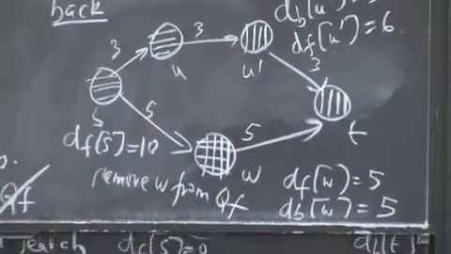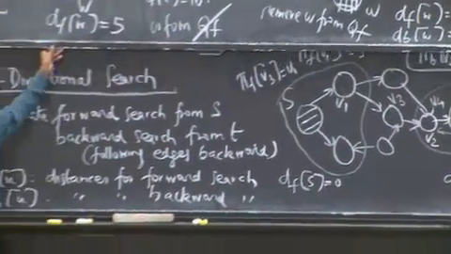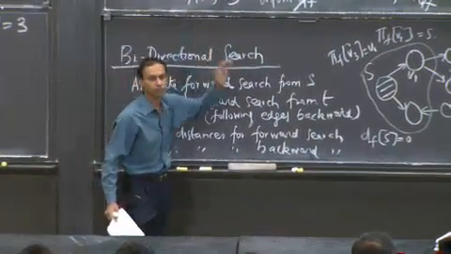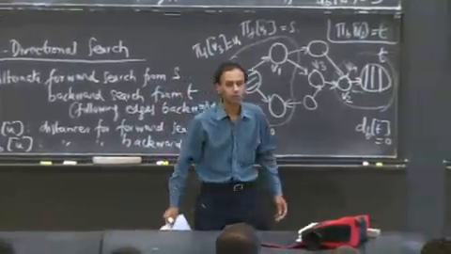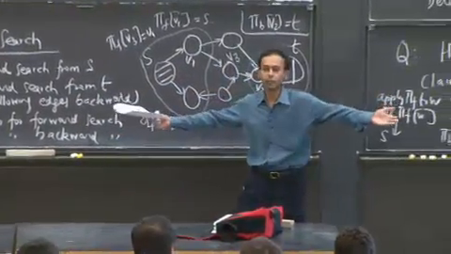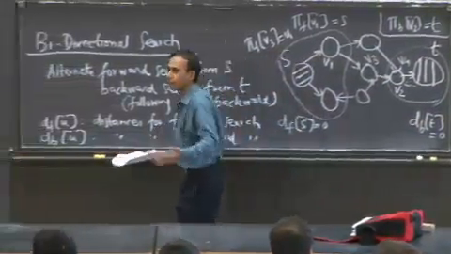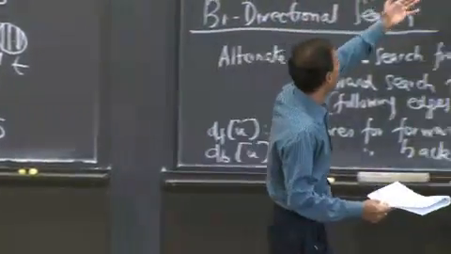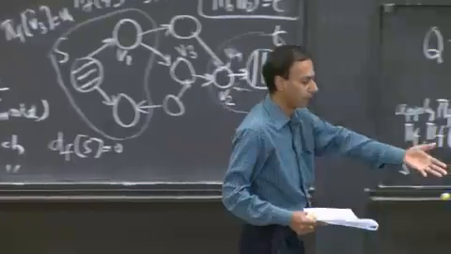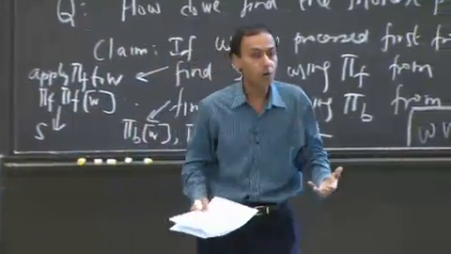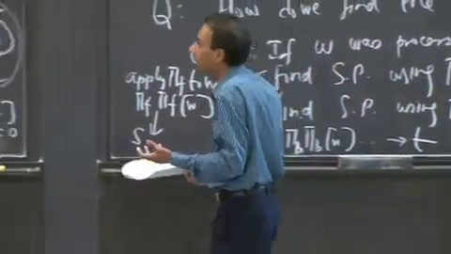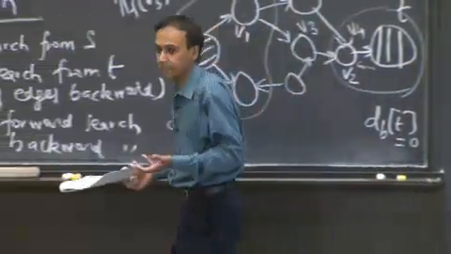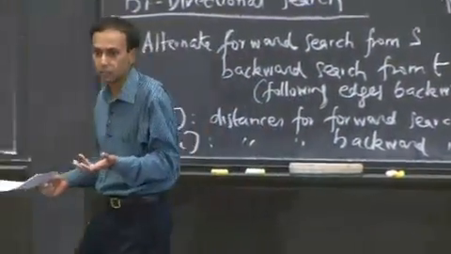OK? People see the problem here? What's the problem? Someone articulate the problem. Yeah, so what I have so far is I've terminated, but if I look from the standpoint of the forward weight, I get a 10 for T, DF of T equals 10.